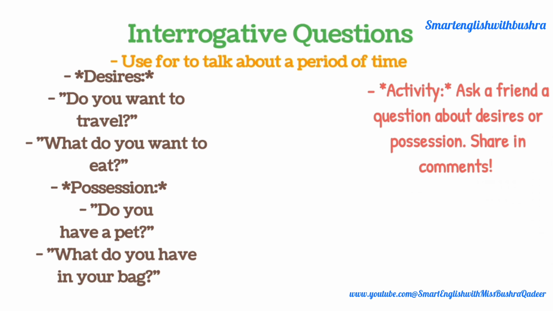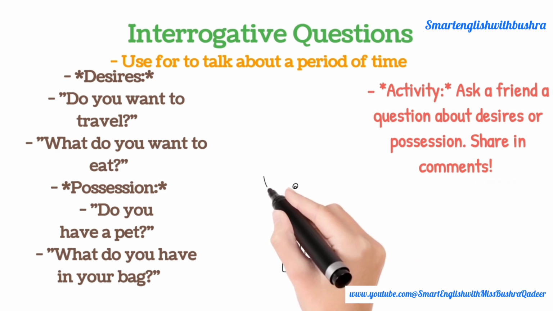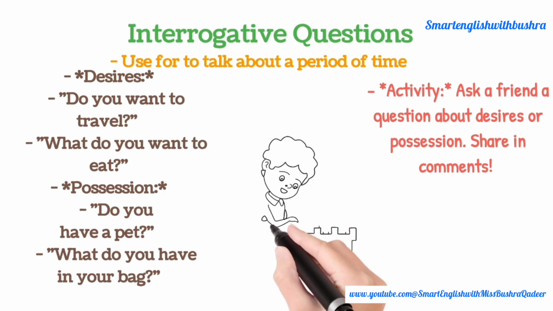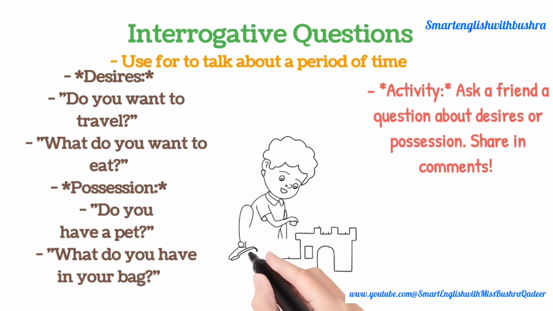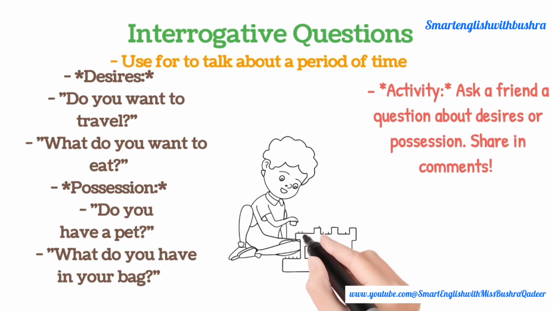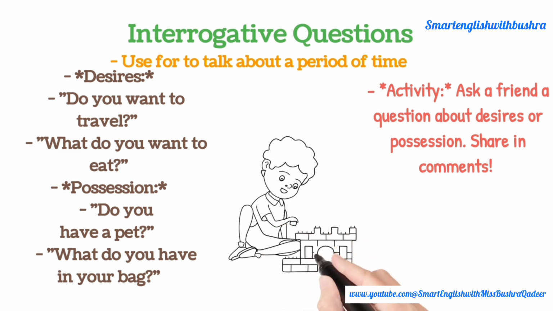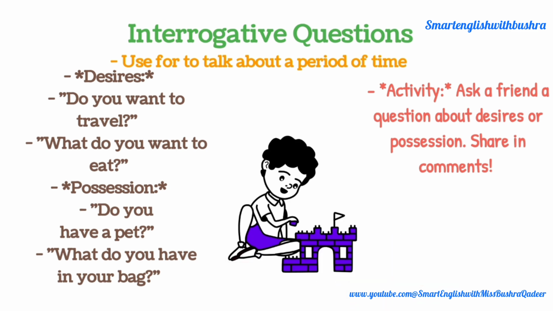Yes. So, students, now for the interrogative questions, what you are supposed to do, as I taught you about don't and does not for all the three structures. Yes, you have to use the helping verb do and does at the start of the interrogative. Just keep this in mind, it's very simple. Do you want to travel? All right. Do you have a pet? Do you have time?